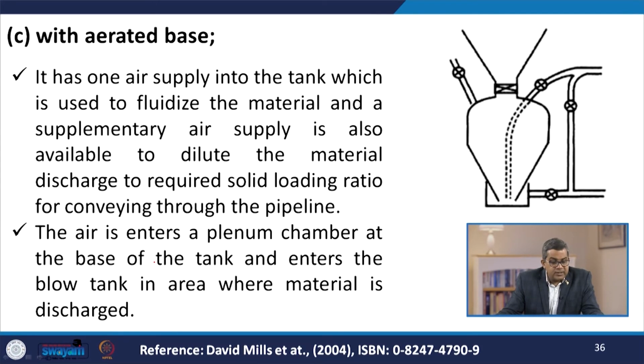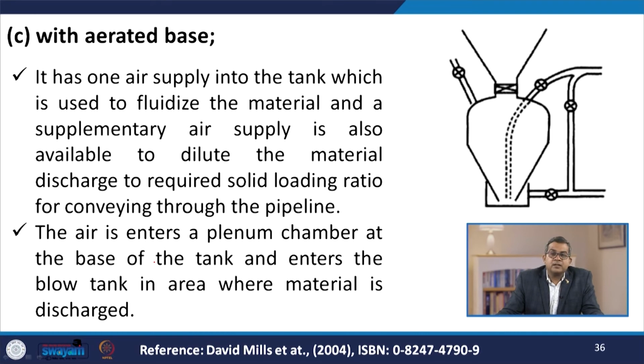Another category is with aerated base. It has one air supply into the tank which is used to fluidize the material, and a supplementary air supply is also available to dilute the material discharge to the required solid loading ratio for conveying through the pipeline.